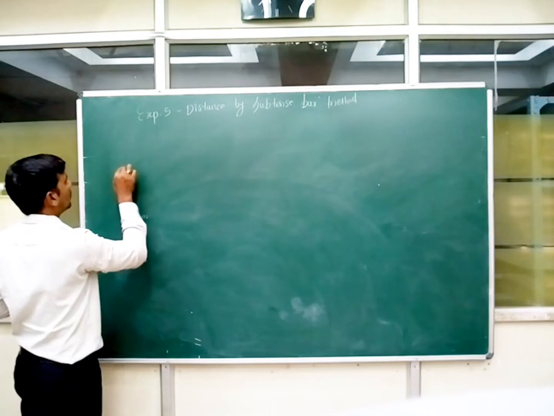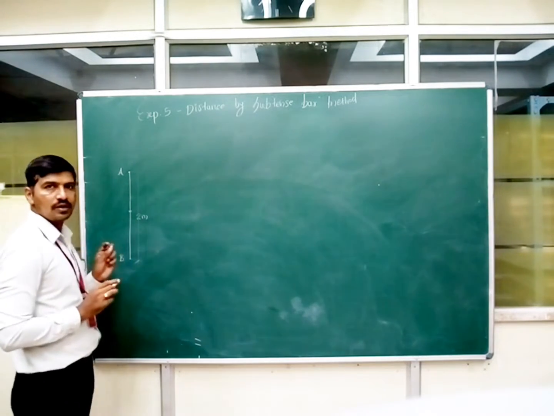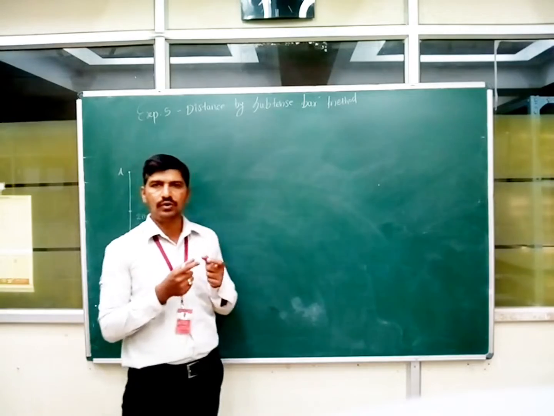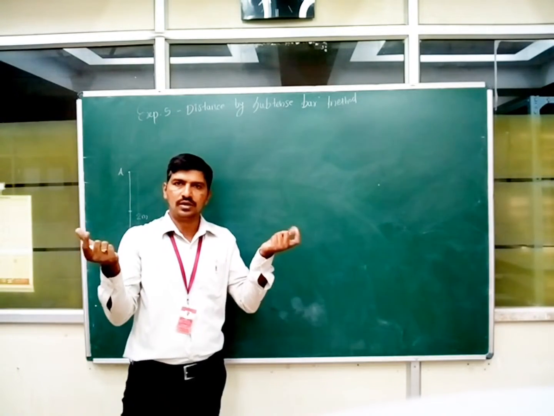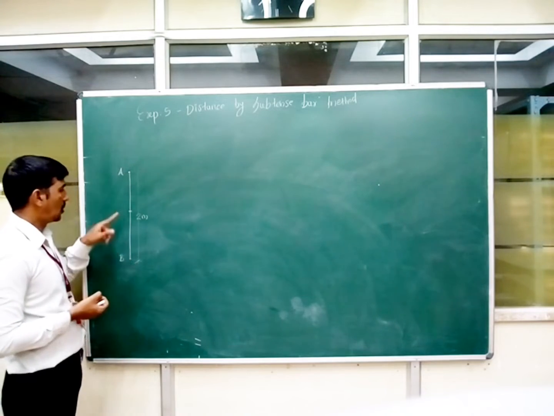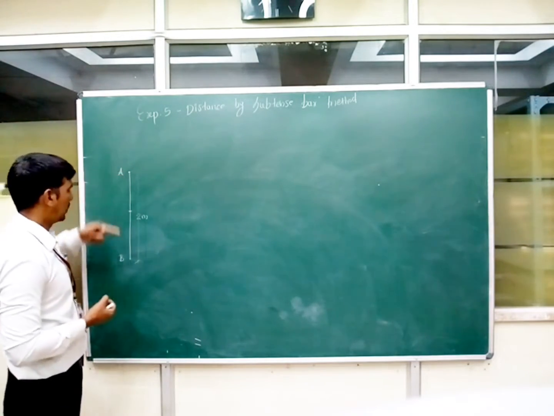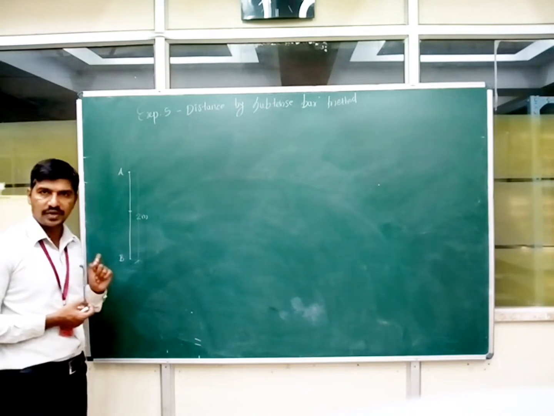At both the ends we have targets, say target A and target B. And just like a dumpy level, we have to keep this hollow square pipe on the stand which is at the center.